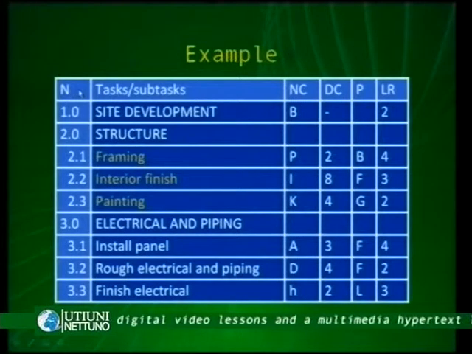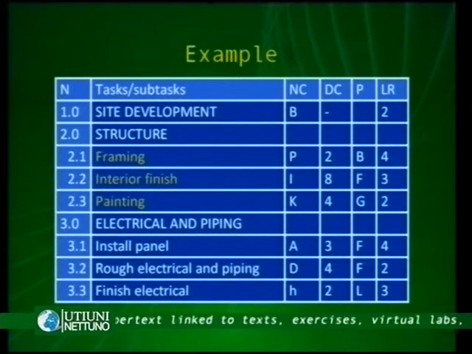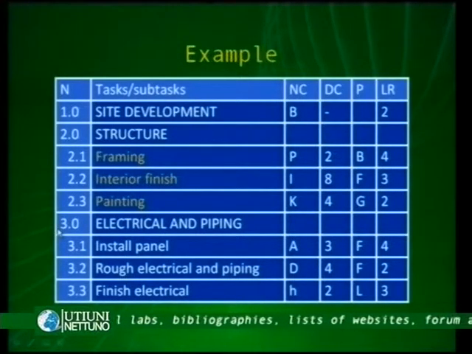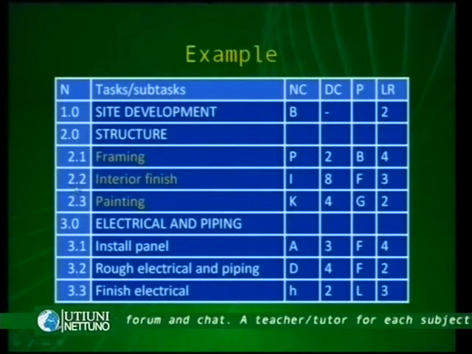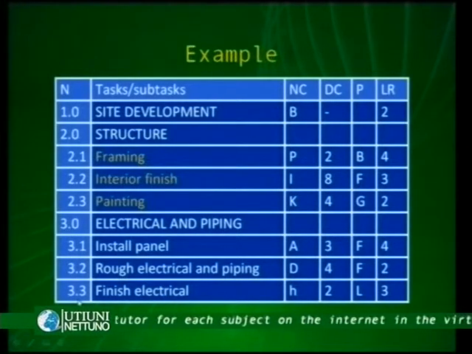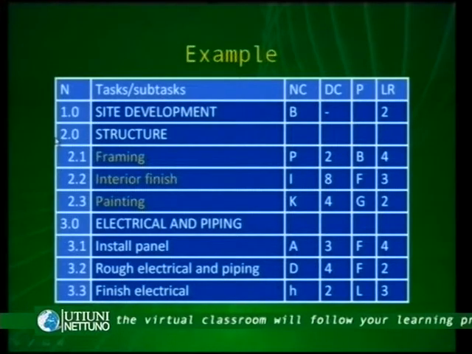So the first column represents the job number. As you can see, we can have 1.0, 2.0, 3.0. We have three main tasks. Then we have 2.1, 2.2, 2.3, and 3.1, 3.2, 3.3, which are the subtasks of the connected general task.